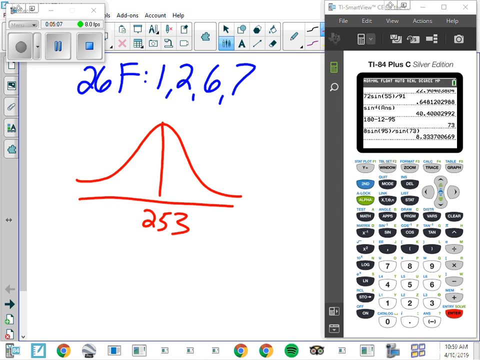Okay? And then we need to rebuild the scale. We rebuild it, and we're worried that we messed something up. So we do 10 measurements. This is 253 with an SD of 7. Okay?